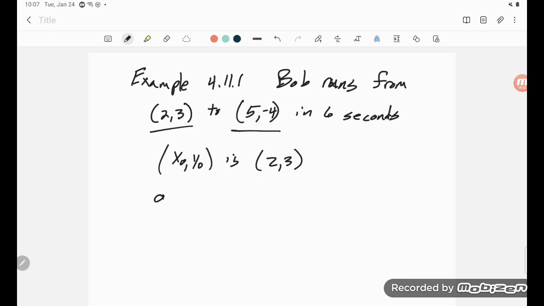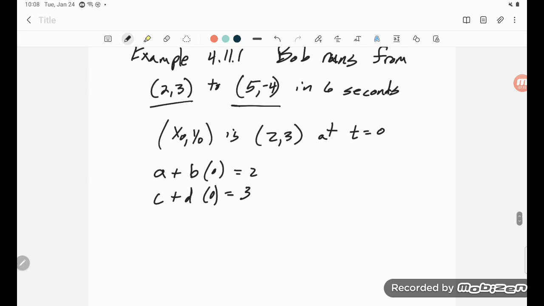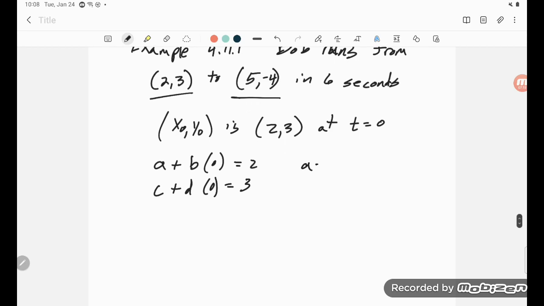If we take a plus b times 0, so we assume t equals 0, we're supposed to get 2. And if we take c plus d times 0, we're supposed to get 3. That tells me a equals 2, c equals 3. So that wasn't bad.